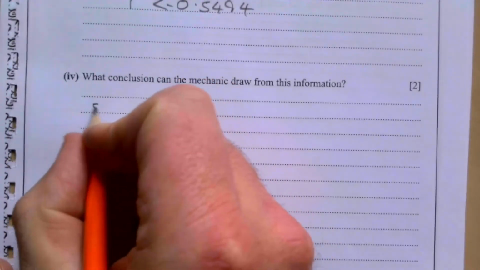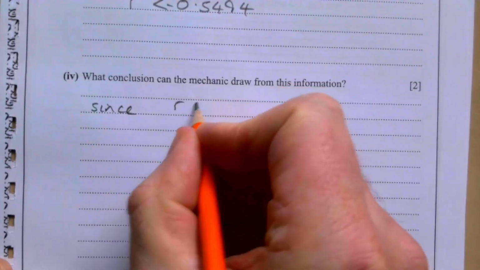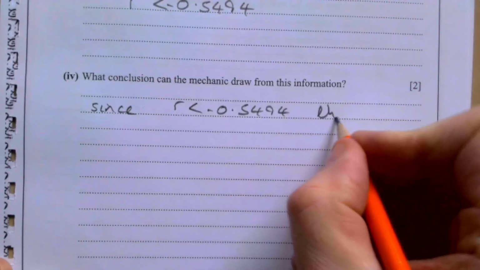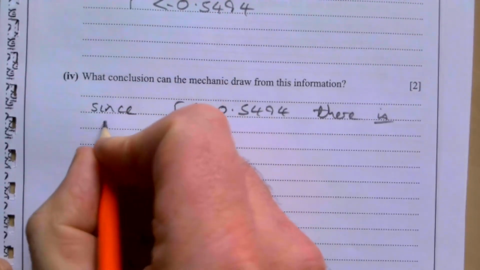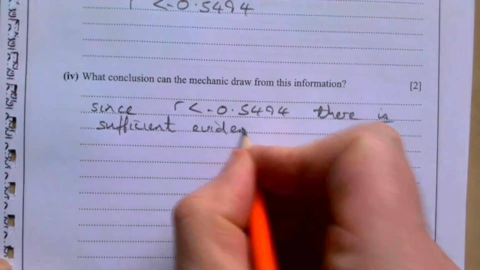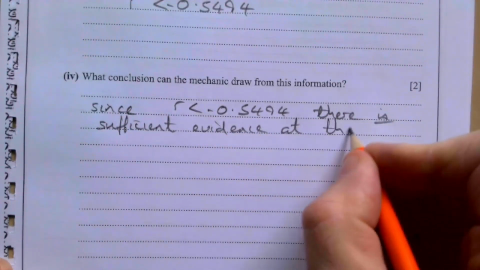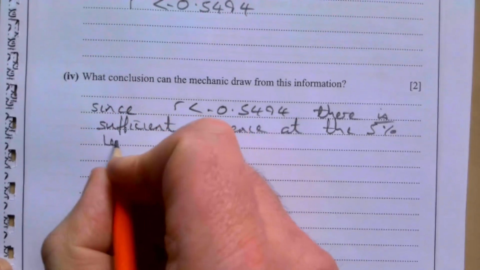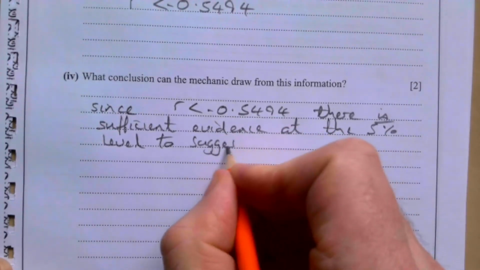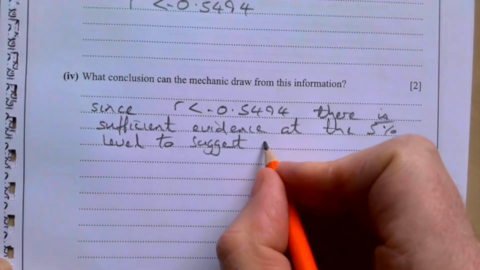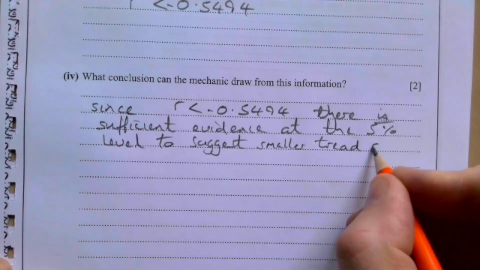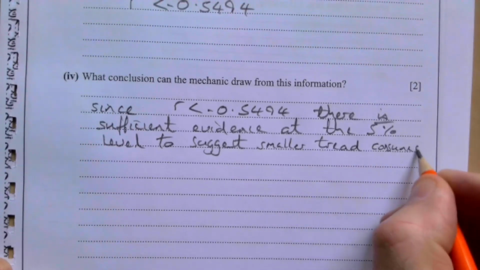So we would write that, since R is less than minus 0.5494, there is sufficient evidence at the 5% level to suggest smaller tread consumes more fuel.